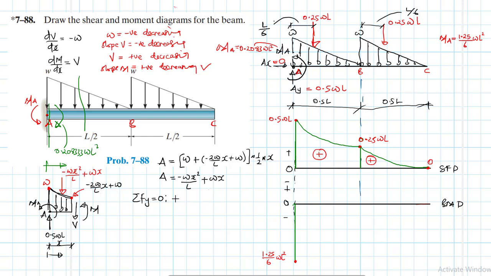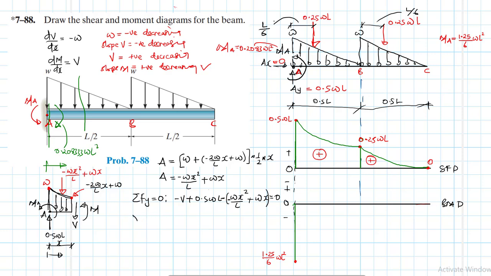We have minus V plus 0.5 WL and then minus Wx squared over L plus Wx, equal to 0, right? In fact, this one is minus, like so.